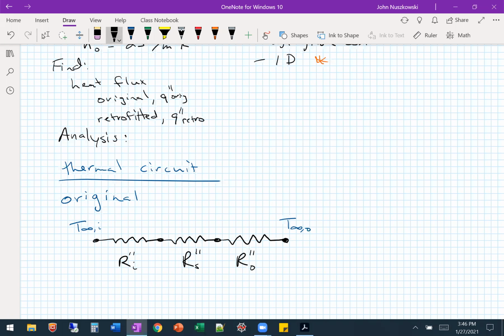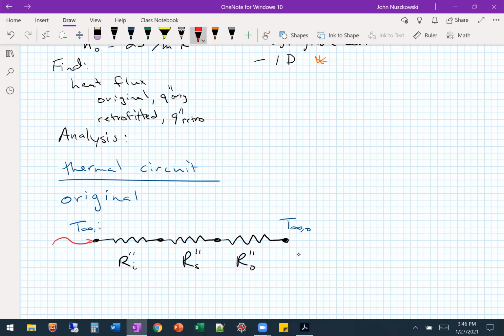All right, the last thing we draw on our thermal circuit is just our heat flow, right? So where is that going? From T infinity inner to T infinity outer. Yep, from our high to low in this case.